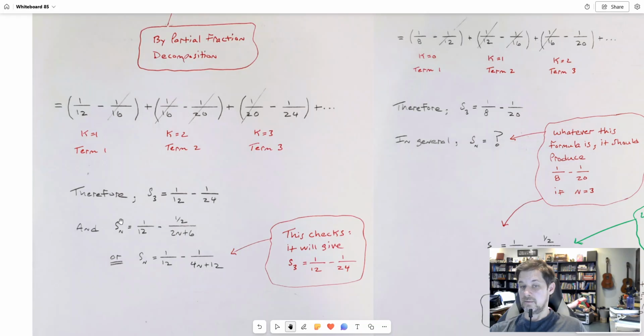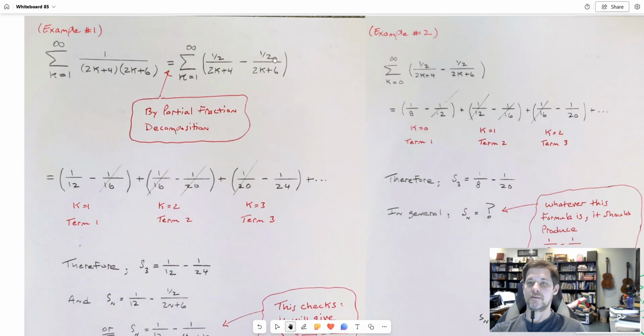Obviously, the partial sum has to start with 1/12 because that's never going to cancel out of this. But I get this from that one. See how this 1/12 that leads it doesn't cancel, and then this 1/24 also doesn't cancel. Where did that 1/24 come from? It came from this 1/2 over 2k plus 6.